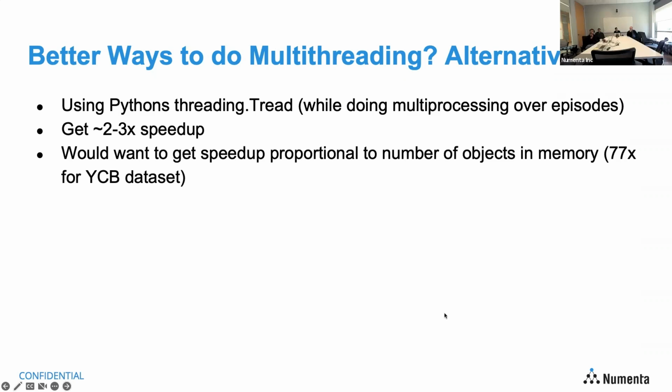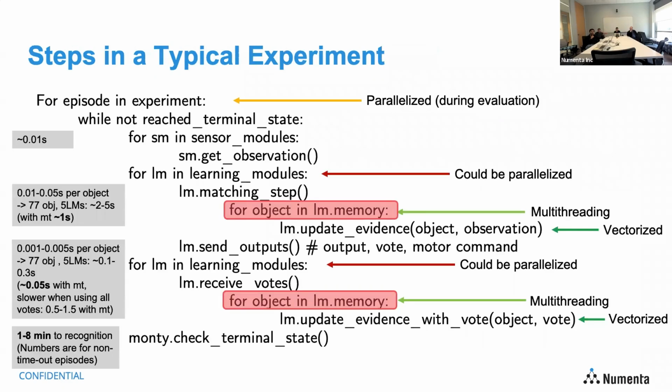So you're saying you're doing multiprocessing over episodes. So each episode is in a separate process? Yeah. Every episode is in its own process, and then for each episode you want to use threads, right?